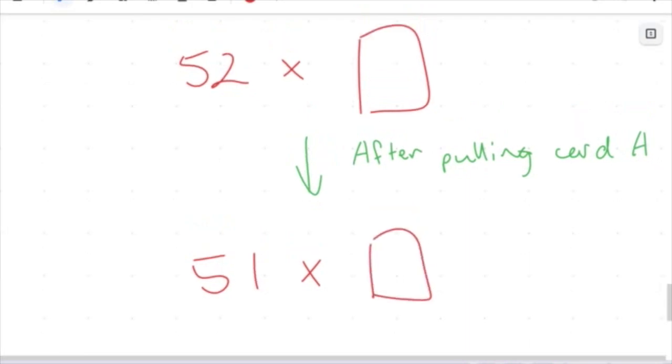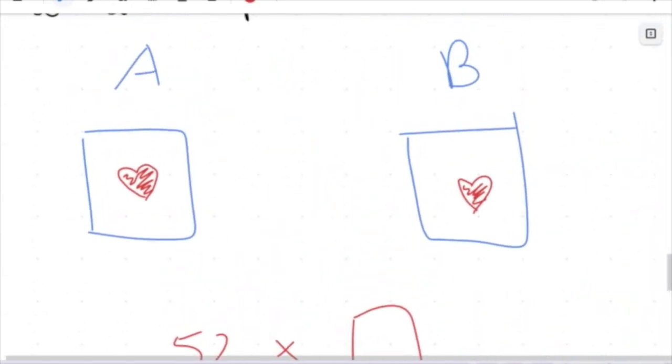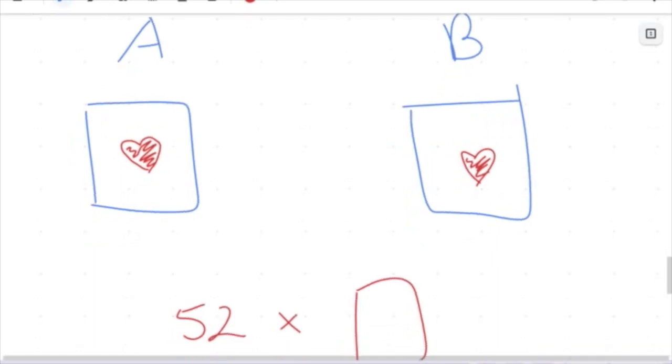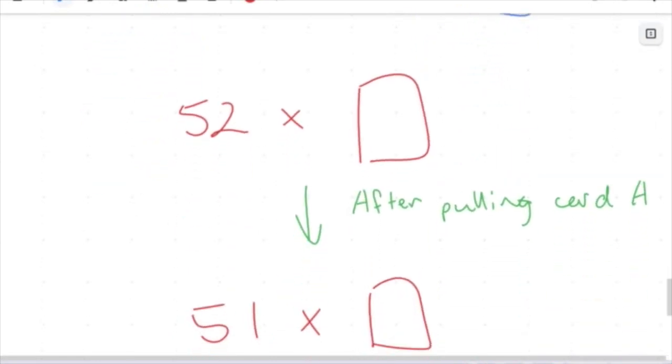So therefore, by not replacing this, my first heart that I drew has an effect on the second one I draw, because that means that there's going to be one less heart to choose from. And we don't even have to think about how many hearts there are in a deck, but I pulled one out of a possible 52.